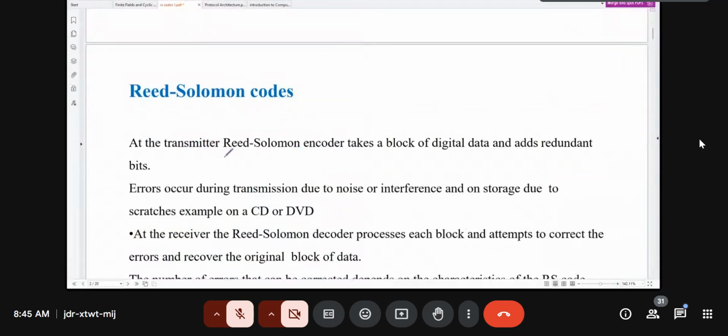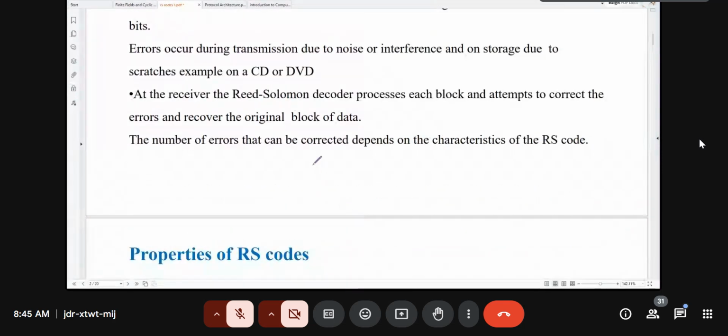So at the transmitter, just like in the other case, the Reed-Solomon encoder takes a block of digital data and adds redundant bits. Of course, we are looking at this more as redundant symbols rather than bits. Errors occur during transmission due to noise or interference, and in storage due to scratches, for example on CDs and DVDs.